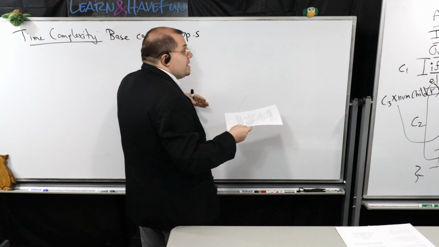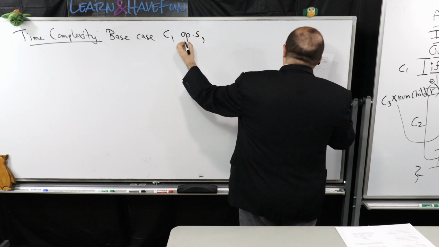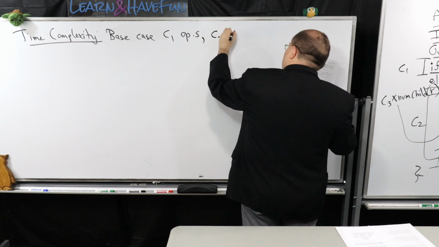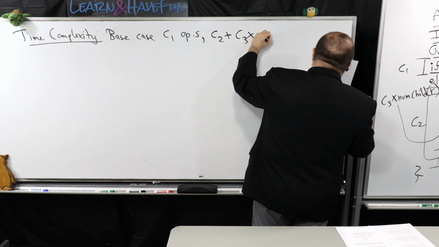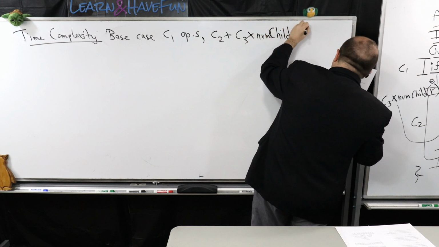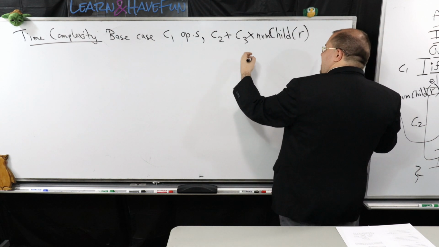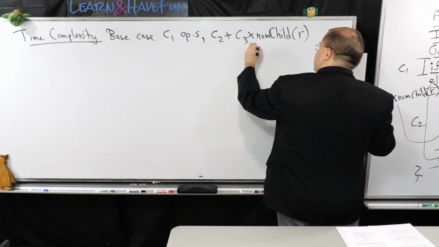In the part that we indicated is the recursive case, we have C2 plus C3 times the number of children, which we called numchild of R. So this is the base case, and this is what we indicated as the recursive case.